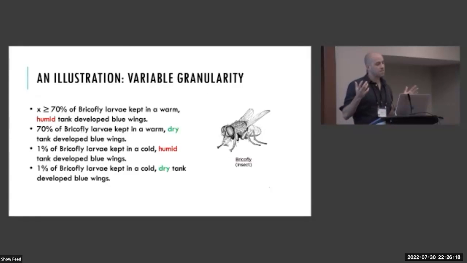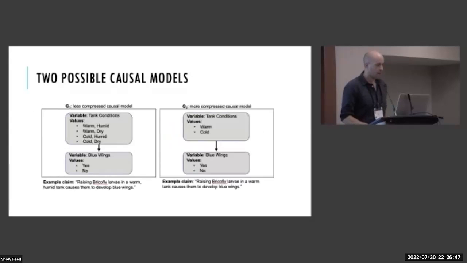At least 70% of Brickyfly larvae, the Brickyfly being a made-up insect that you've never heard of before, kept in a warm, humid tank develop blue wings. 70% of the Brickyfly larvae kept in a warm, dry tank develop blue wings, and 1% of Brickyfly larvae kept in either a cold, humid tank or a cold, dry tank develop blue wings. So here clearly warm tank, higher probability of blue wings, whether it's humid or dry might make a difference, right? So here are two possible causal models that you might use.